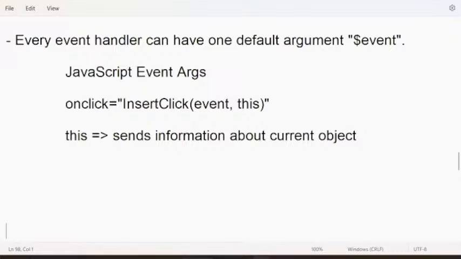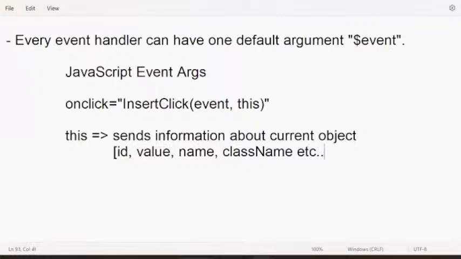If it is a drop down, drop down information. If it is a checkbox, checkbox information. So this sends information about the current object. Information about the current object means its value, its name, its class name, etc. All these details it can send by using which argument?